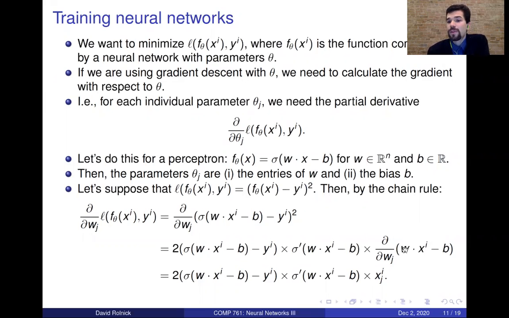And so if you take the derivative with respect to w, you get the coefficient of w here, which is just the corresponding entry of the vector x, which is xi in the entry j. So this is the derivative of the loss function with respect to the weight wj. This is for a single neuron, a single perceptron.